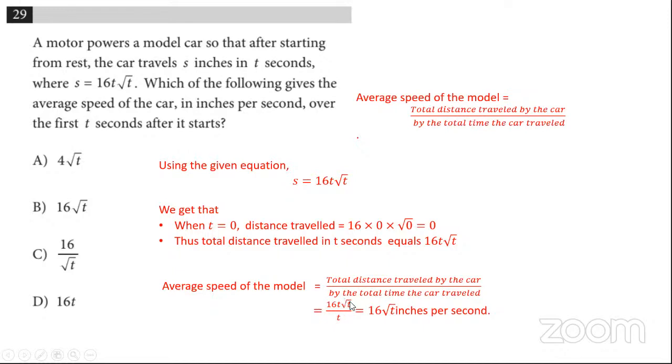So 16t root t by t equals 16 root t inches per second. And this answer corresponds to option B. So the answer is option B. Did you guys get it? Any doubt, any doubt?